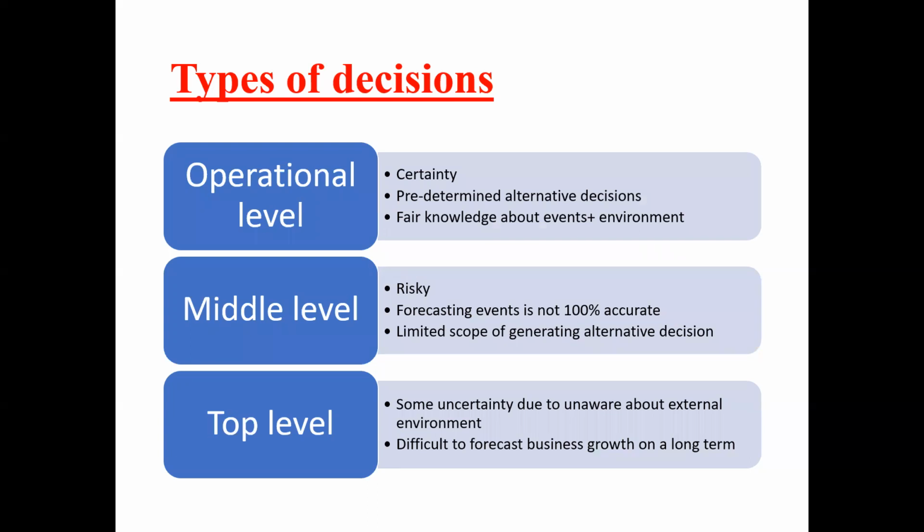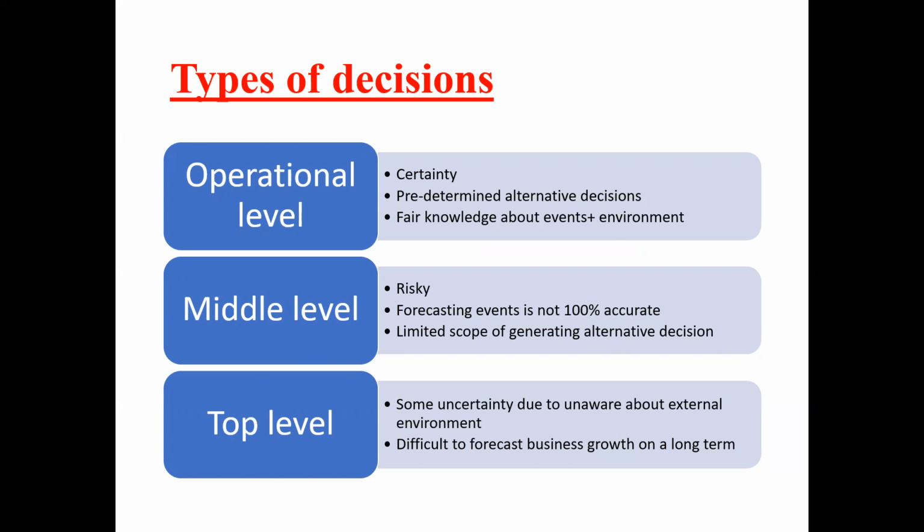Then types of decision, as I have discussed a number of times, this is a pyramid, means decision will be at a lower level, middle level and top level. If we talk about the lower level, there is a certainty, you have a set of predetermined alternatives, you know what could be the possible outcome, and you have a good knowledge about the environment and the events that are taking place. Talking about middle level, the middle level is a little bit risky. Why is it risky?